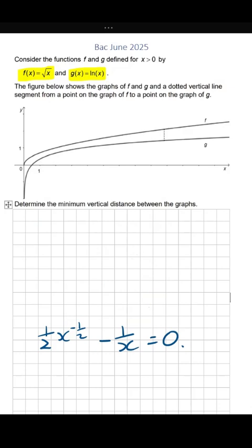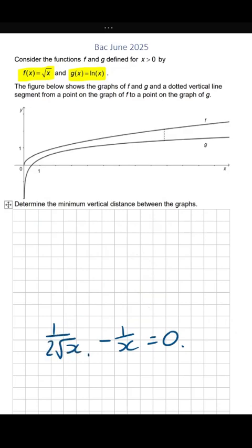Look, I'm going to tidy this up a small bit, because I got x to the minus a half. That, to start with, is a root x, and on top of it, it is underneath the line. So that is 1 over 2 root x.